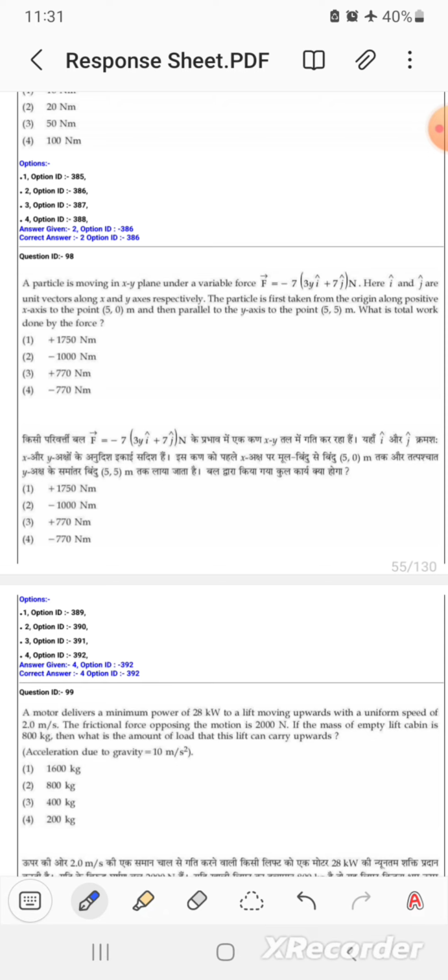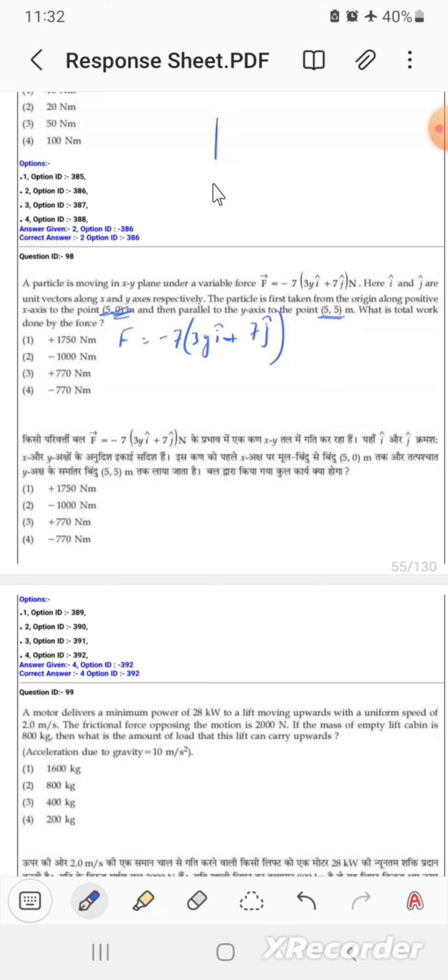Now our next question is: a particle is moving in the xy plane under a variable force. The force they have given us is F equals minus 7 minus 3y i cap plus 7 j cap, where i cap and j cap are unit vectors along x and y axis respectively. The particle is taken from the origin along the positive x-axis 5 meter, and along the y-axis another 5 meter.